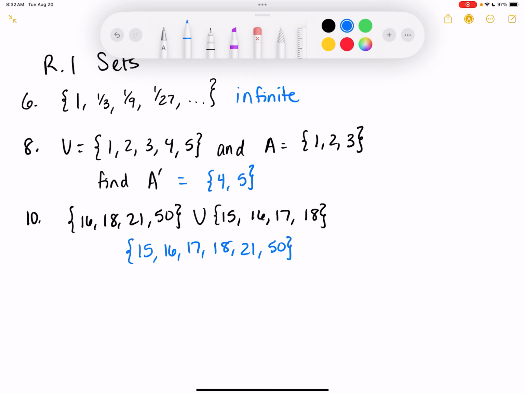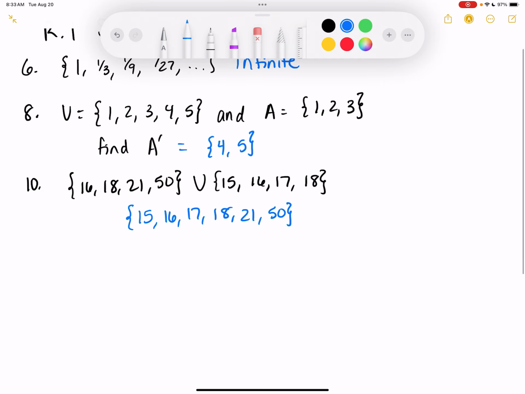For the next few, these ones say to identify each set as finite or infinite, and then to determine whether the number 10 is an element of the set. So basically, is the number 10 in that set? And we have to determine whether that one is one of the terms that's missing out of the set. So 12.